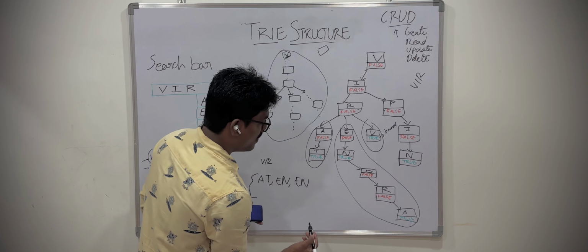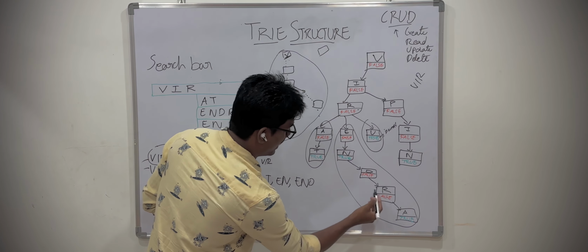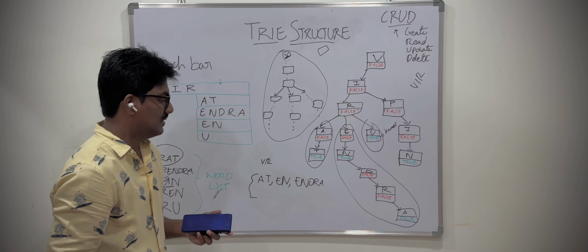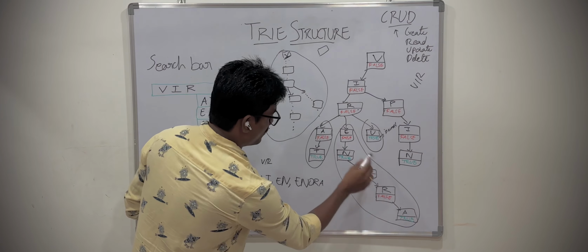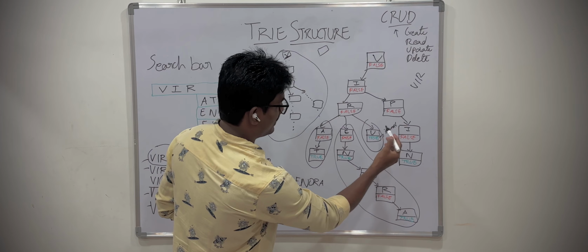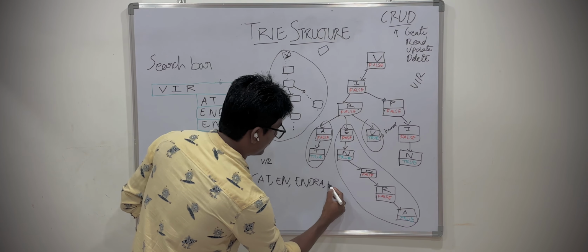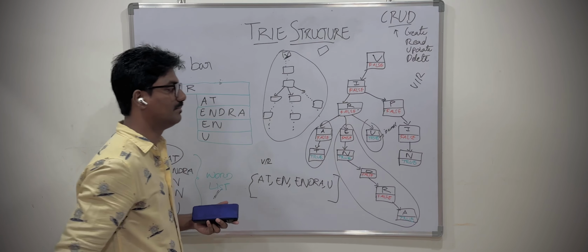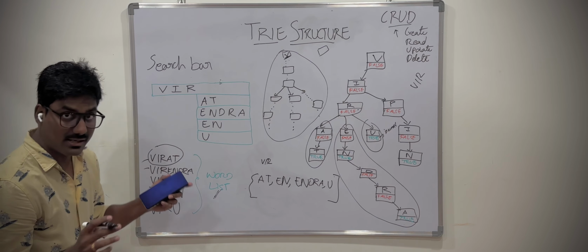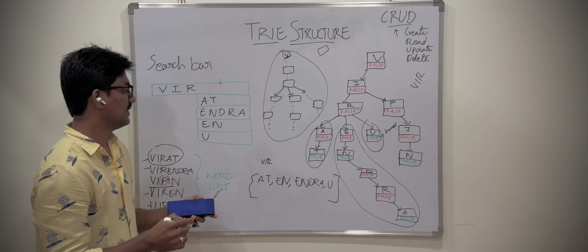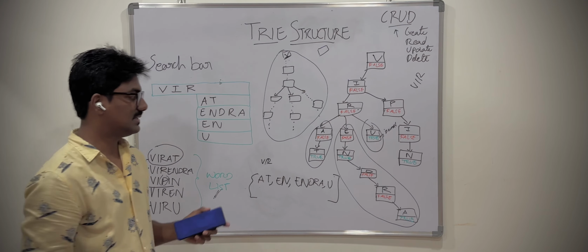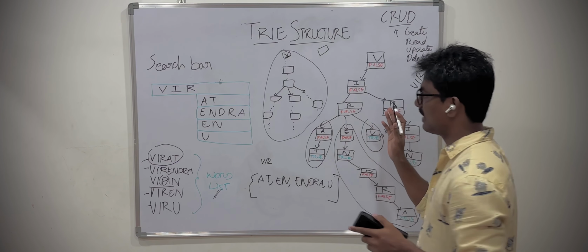The next nodes are D, R, and A. From these two paths we have created 3 words. Then the other path has only one, which is U. Sorry, these are the 4 words which we got, so that's why we filled it up here in that way. This is how the search of the trie structure will work.